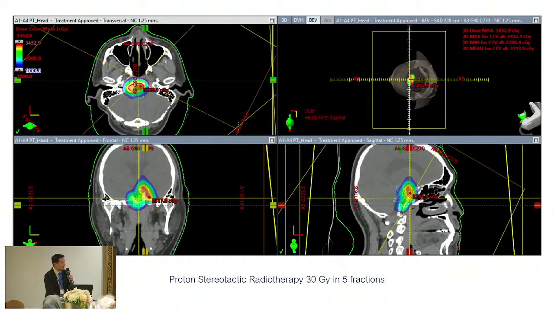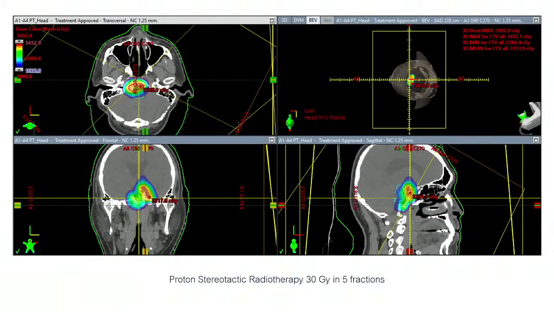This is the planning. For the planning process, as Martin already explained, we do the CT scan first, and we do the MRI. The CT scan we use for the planning because we need the Hounsfield units as one of the factors for consideration for the dose, and we use the MRI as the imaging to target the lesion, and then we do the treatment planning.